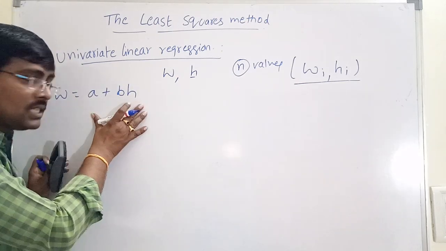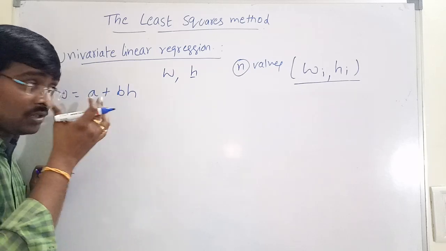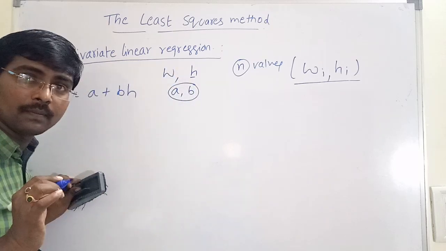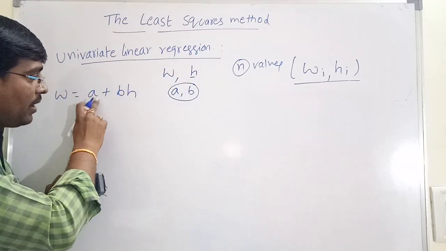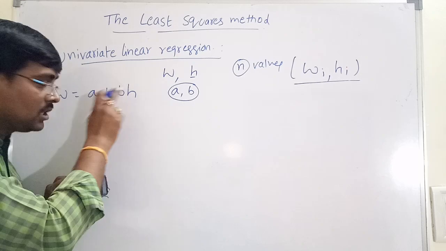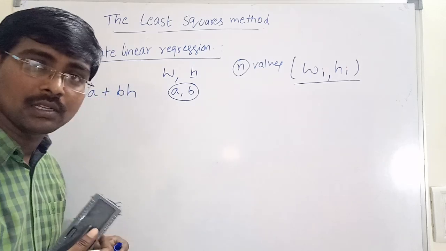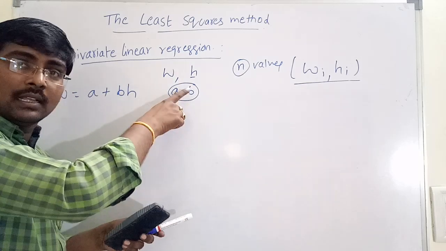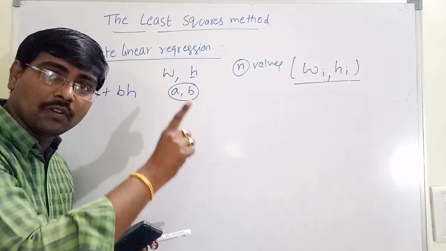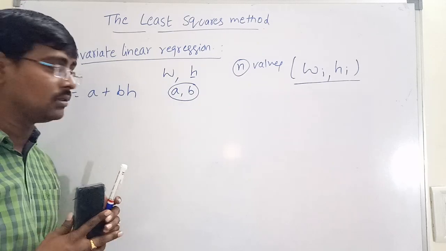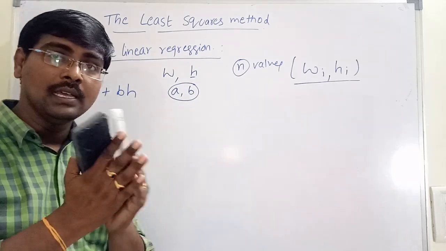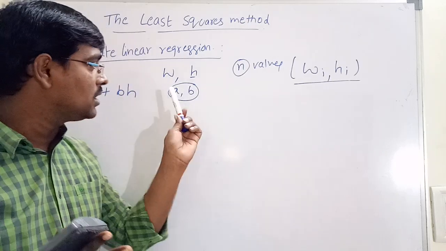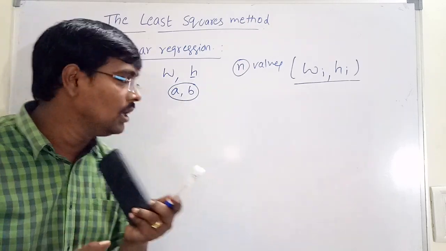From this equation we have to find the values of A and B, because we know the values of W and H, such that the sum of squares of residuals is minimized.